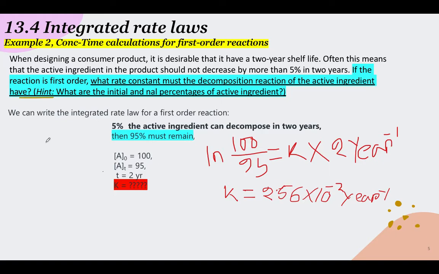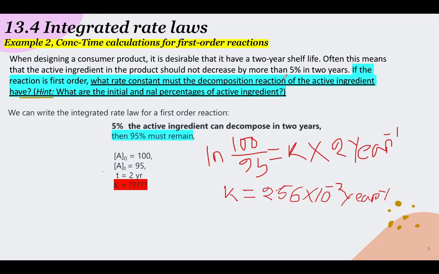Normally we consider that not more than 5% will degrade in 2 years. So that means if we can use a medicine for 2 years, it must have 95% efficacy.